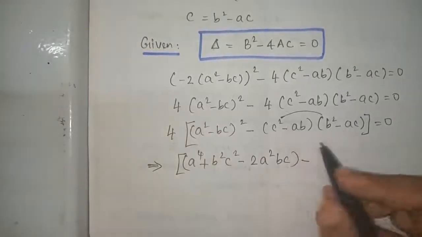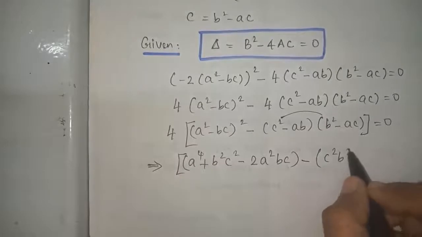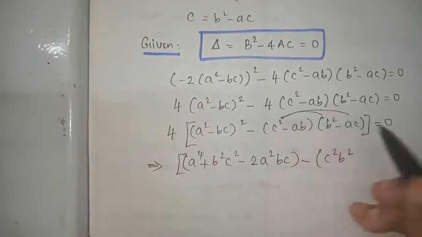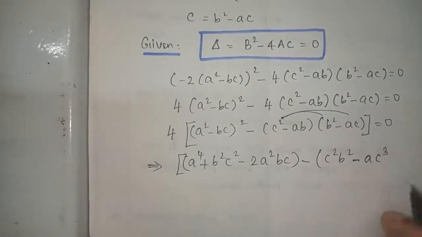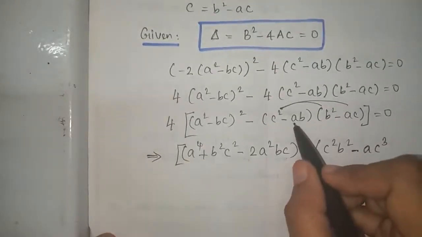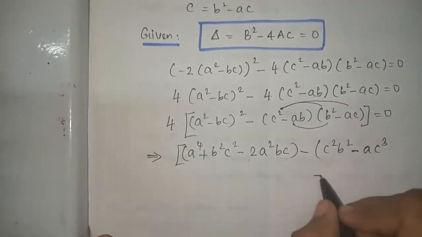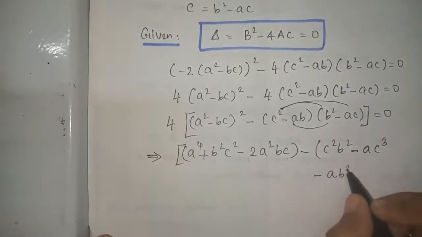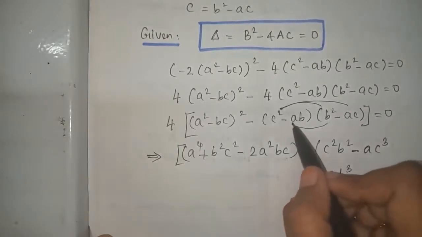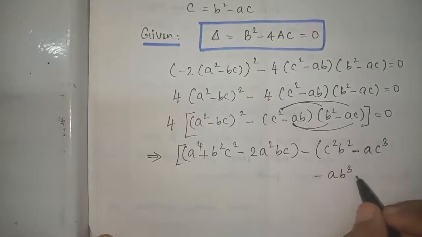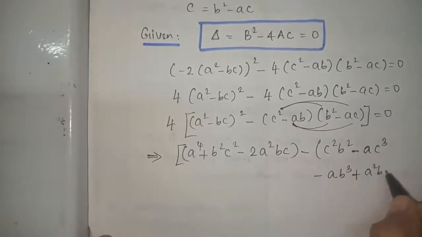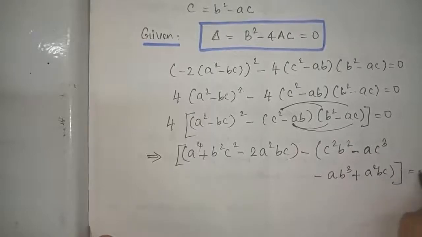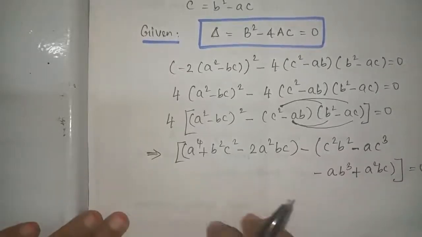So c square into b square is c square b square, c square into minus ac is minus ac cube, then minus ab into b square is minus ab cube, and minus ab into minus ac is minus into minus plus, a into a is a square bc, which is equal to 0.